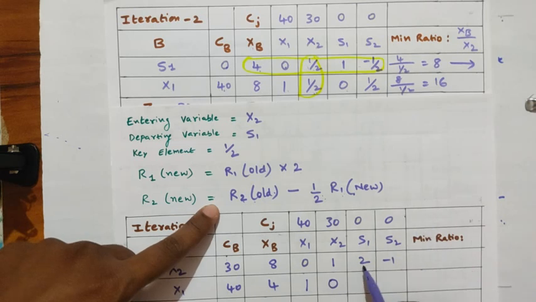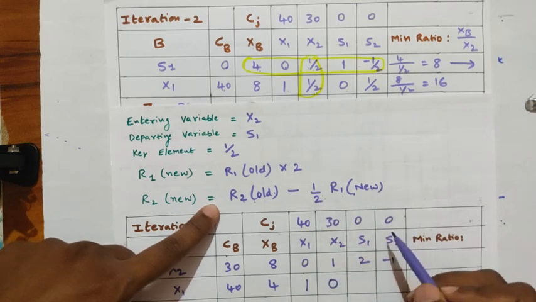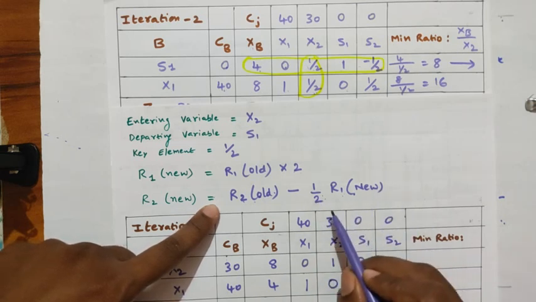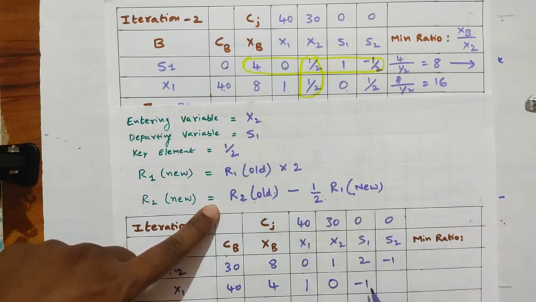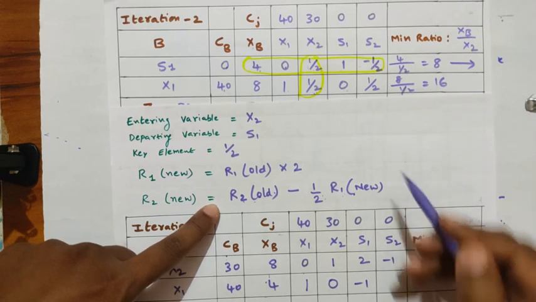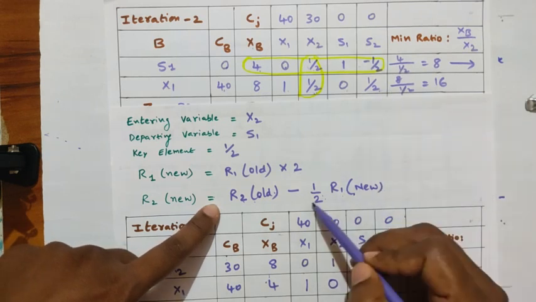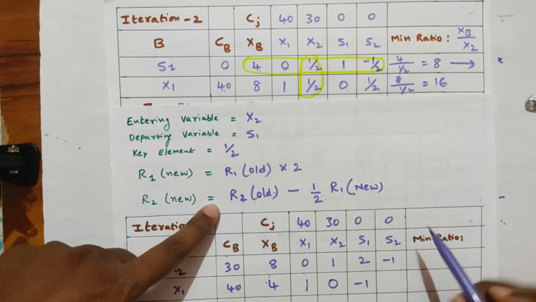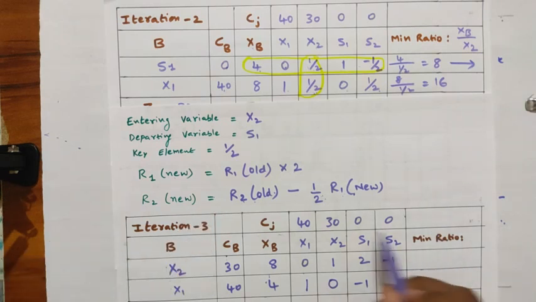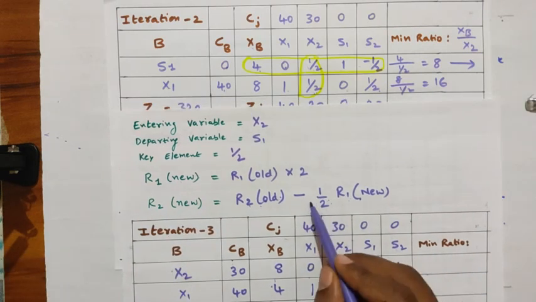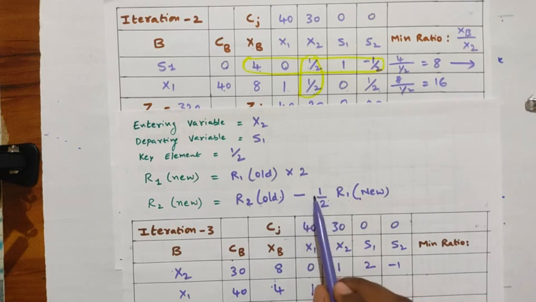R1 new is 2. Minus half into 2, that is minus 1. Similarly, for S2, R2 old is half. Half minus half into R1 new. R1 new is minus 1. Minus 1 into minus half, we will get plus half. Half plus half, we will get 1.